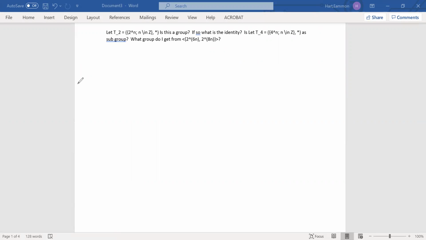Okay, so let T sub 2 be 2 to the n, where n is an element of Z. Someone give me a few elements of T2.